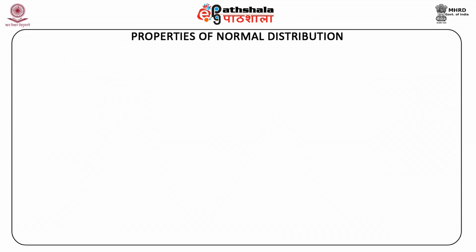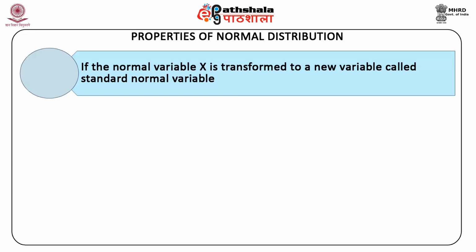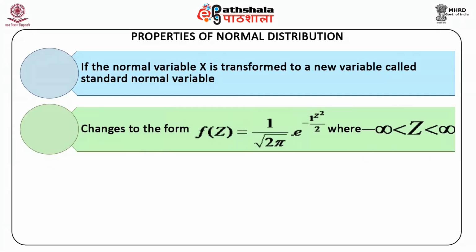The last property of normal distribution states if the normal variable x is transformed to a new variable z equal to x minus mu upon sigma, called the standard variable, then the normal distribution changes to the form f of z is equal to 1 upon under root 2 pi multiplied by e to the power minus half z square, where minus infinity is less than z is less than plus infinity.